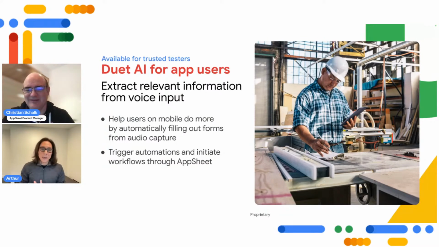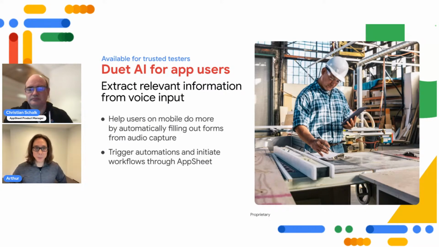So we have Duet AI for app users. And today, what it does is it's really trying to help you with data input when it can be time-consuming and tedious. We have a lot of people who work on the go on mobile devices, and they need to fill in forms.